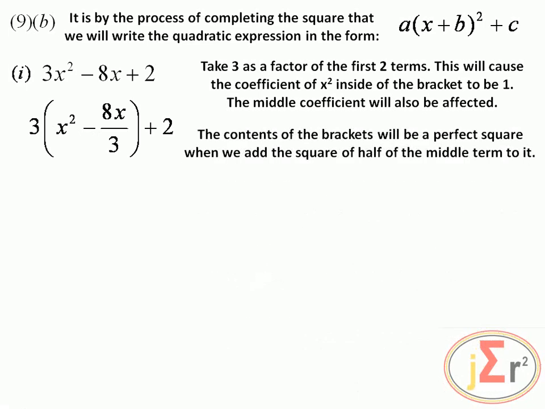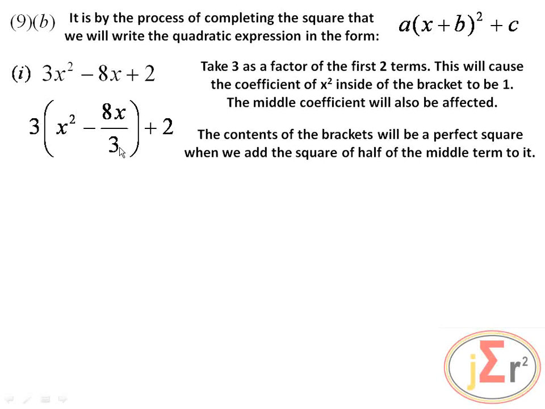The contents of the brackets will be a perfect square when we add the square of half of the middle term to it. So we need to add the square of half of the middle coefficient. Take half of the middle coefficient and square it. We have 8 over 3.